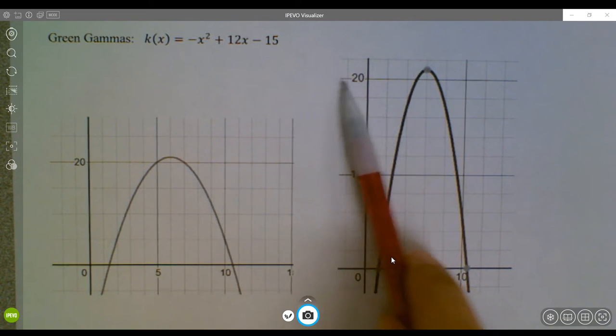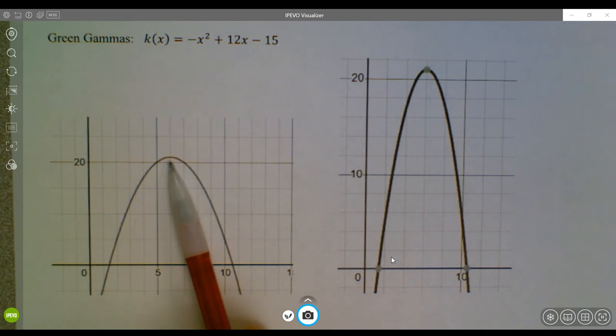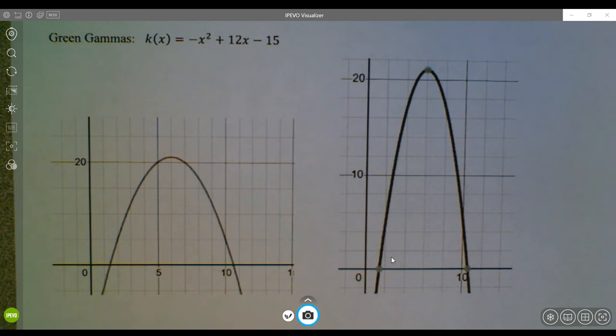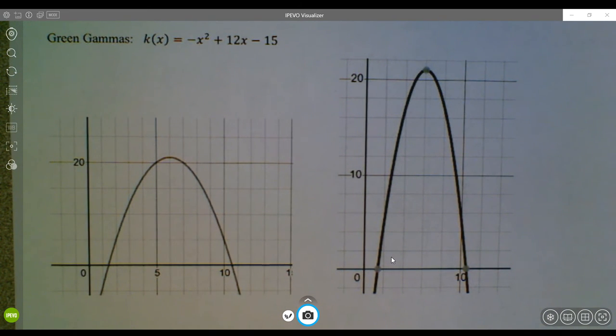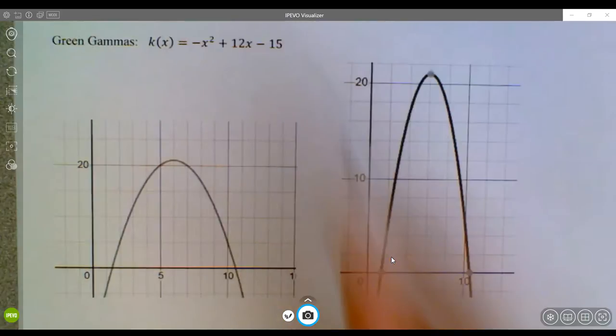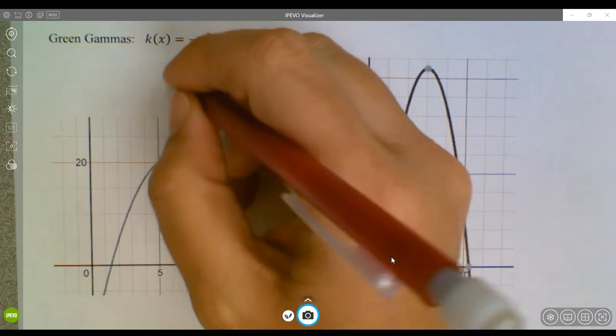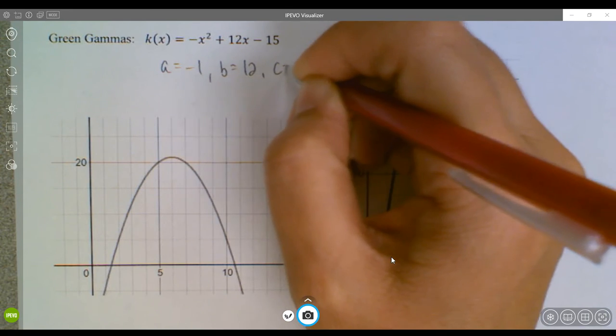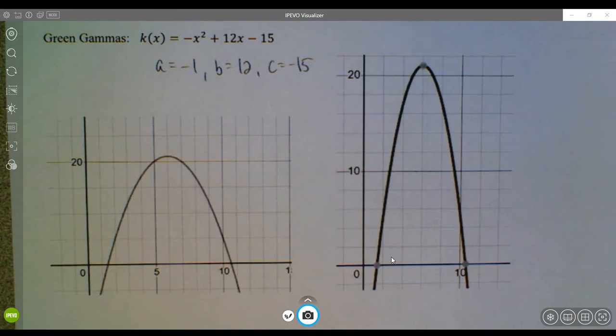But look, that's just above 20. This is just above 20. You know, this is how you can mislead people with information. Just mentioning that. So I know for this problem, A equals -1, B equals 12, C equals -15.